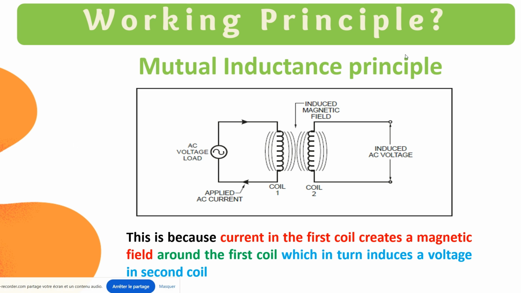So once again, we have a current that creates a magnetic field around it, and this magnetic field will induce a second magnetic field here, and this will create electricity. This is the mutual induction principle that is used in the transformer.